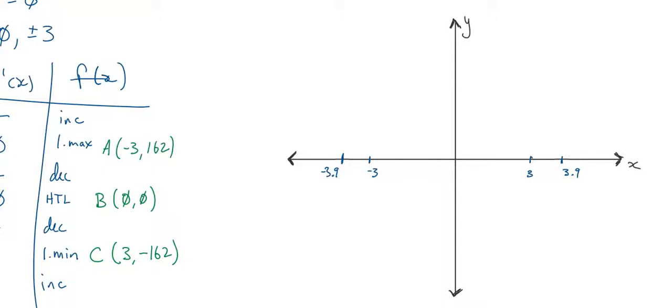And somewhere I need negative 162 and positive 162. I'm going to have a point at 0.